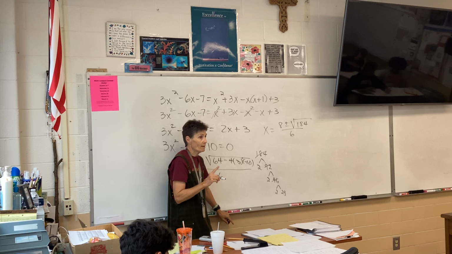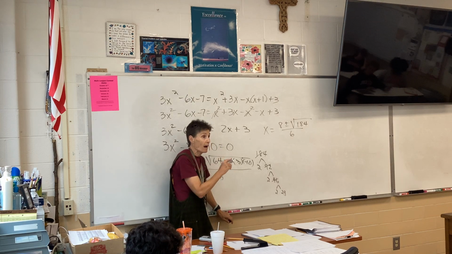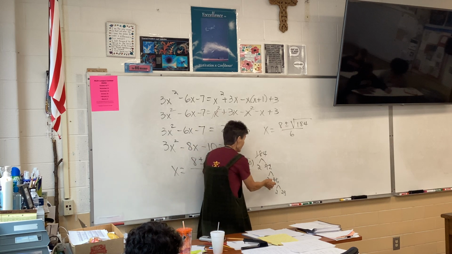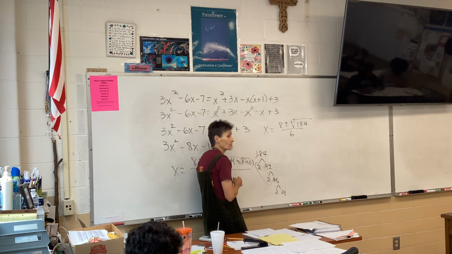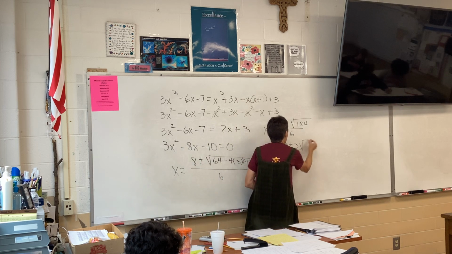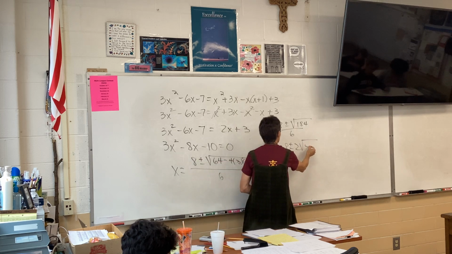Why? Because you were done before that. Oh, I couldn't, yeah, I went all the way down. I went as far as I could go. So now I can take out a 2. And what's left is the 46. 2 times 23, 46.